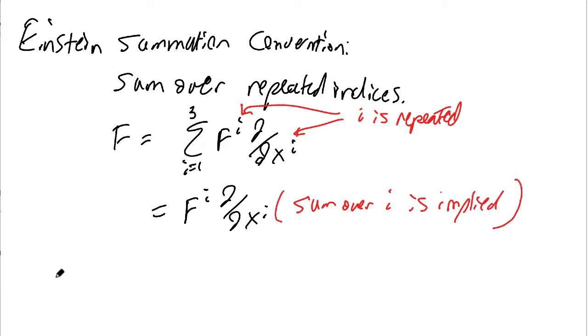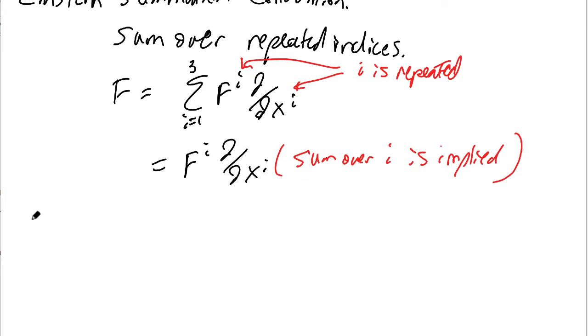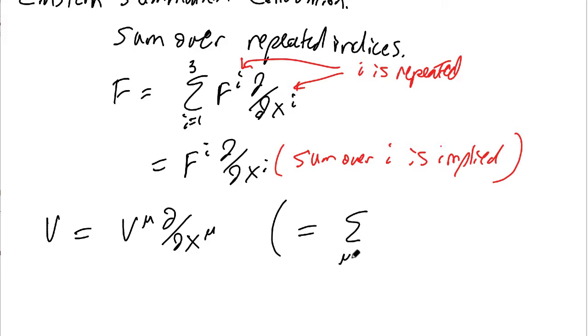All right, so more generally, if we have, say, a vector in space-time, we can write it as an expansion in terms of the basis vectors d by dx^mu. So this is just shorthand notation for the sum over mu from 0 to 3 in this case of v^mu d by dx^mu.